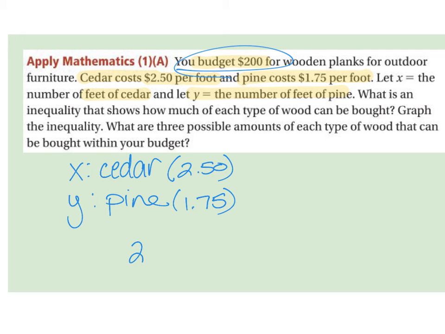So then we would have $2.50x plus $1.75y, and it's up to $200. So this is the tricky part. Can you spend more than $200? No. Can you spend exactly $200? Yes. So then it would be like so.